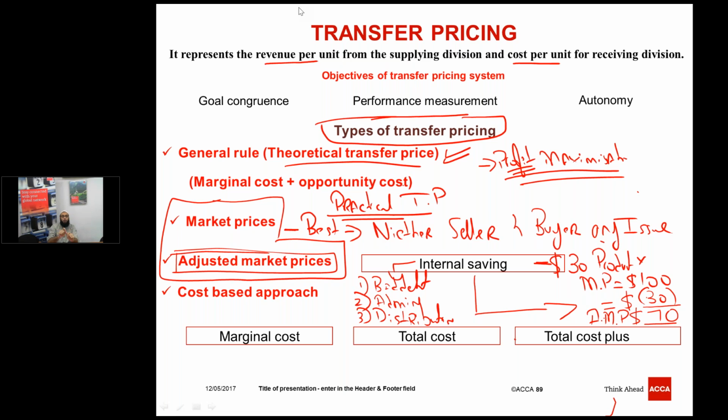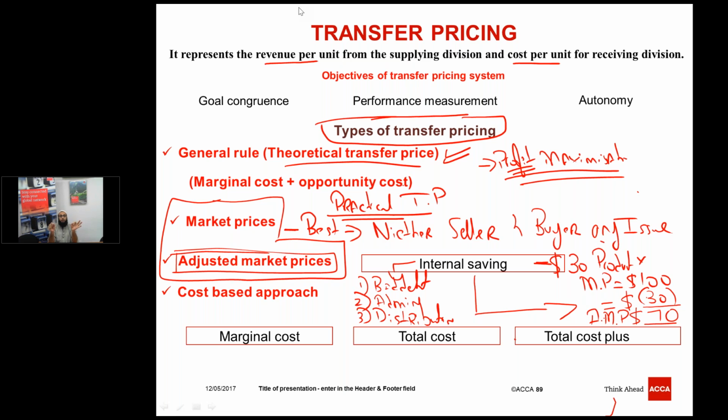The third point was when there is no market available for the intermediate product. For example, the supplying, selling division is making a unique product especially for the buying division, and that is a unique product which does not have any external market.